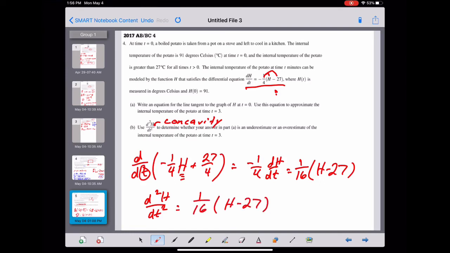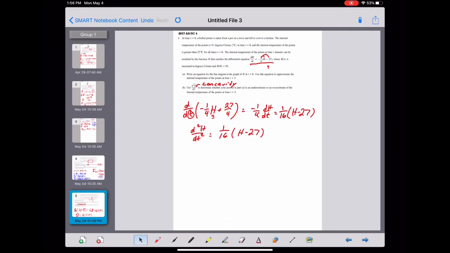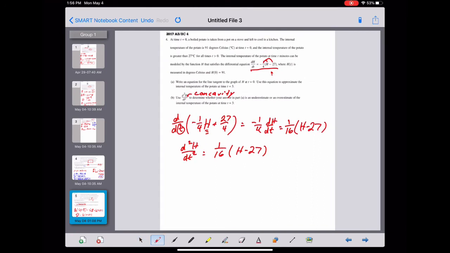So that's what d squared h dt squared, the second derivative, is equal to: 1/16 times h minus 27. What this problem is asking us to do is evaluate this at t equals 3. But we're kind of going to run into a problem with that because we don't know the temperature of the potato at t equals 3. But what we do know is that this temperature is always greater than 27 degrees.